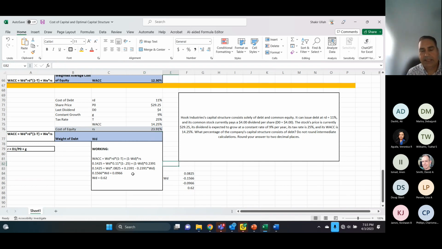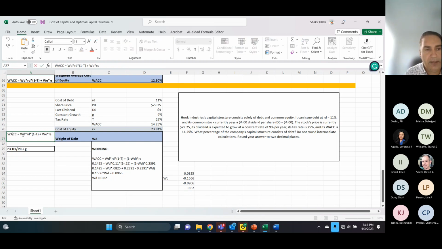Now this is a little bit on a different side. What we need to do is, we have to take this formula and calculate the weight of debt based on this. But do we have all of the other variables? If all of the other variables are available, then calculating weight of debt would be very easy. If not, we'll have to do some tweaking around. So what is given? We know the WACC, okay?